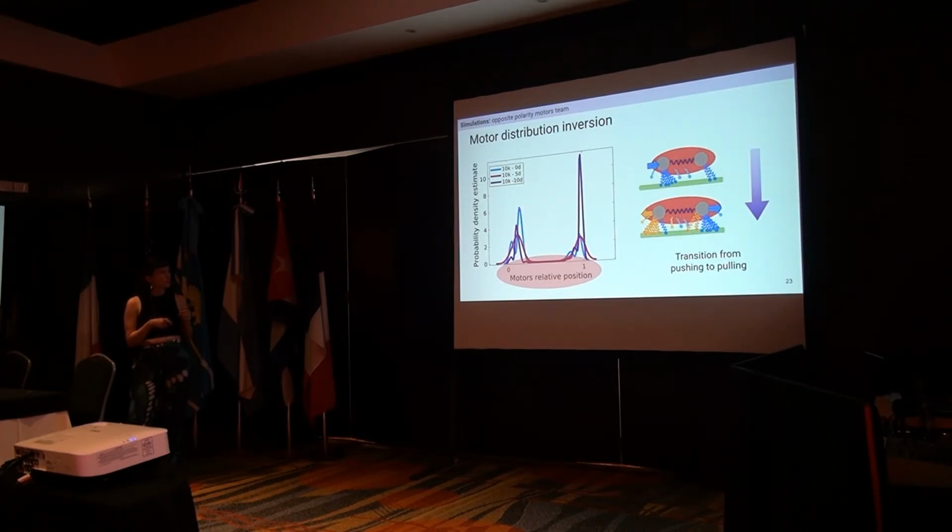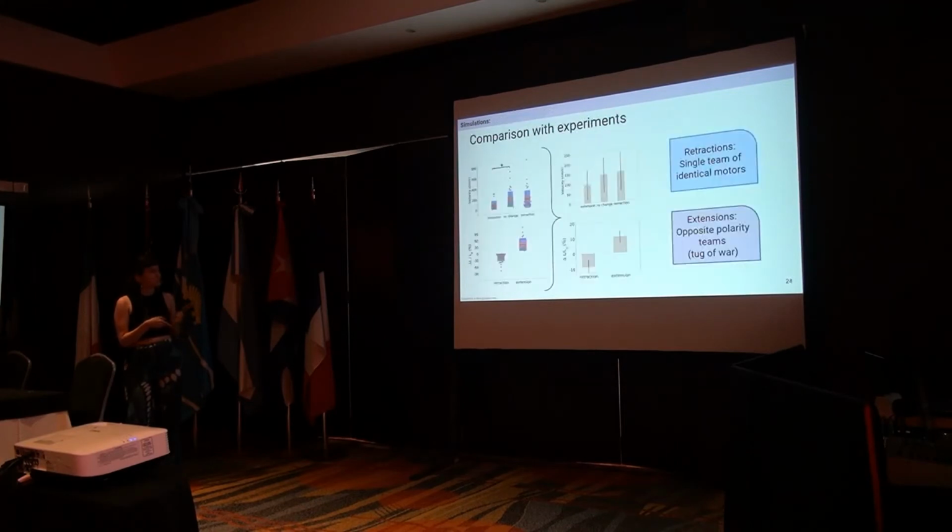So this peak goes down and then the other one goes up. So in a tug of war scenario, you have a transition from pushing to pulling the cargo. There's an inversion in the distribution. So now you have elongations, and now you have a different output.